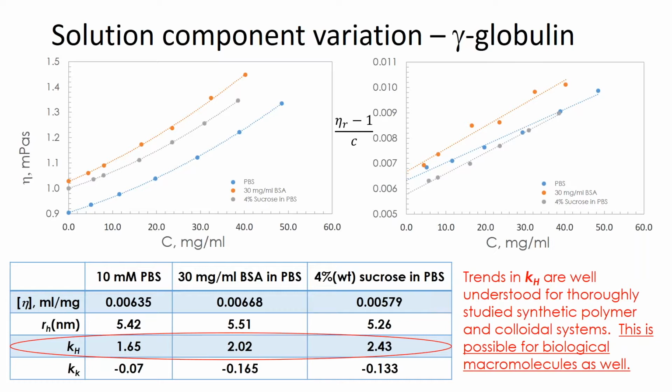But the shift in the Huggins coefficient, characterizing how these molecules are interacting with each other, is a real shift. If you go from left to right, we're seeing each one jump up by about 25%. So as we change the solvent composition or the solution medium, we see a shift in how these components are going to interact.